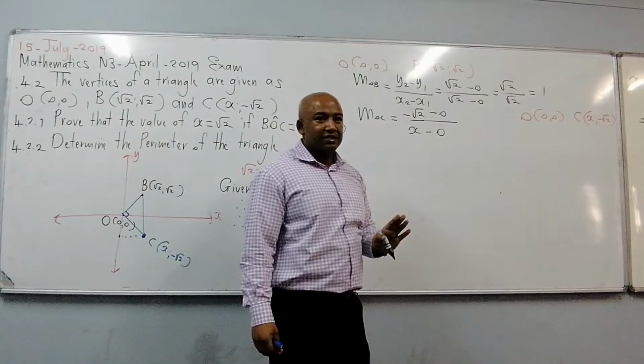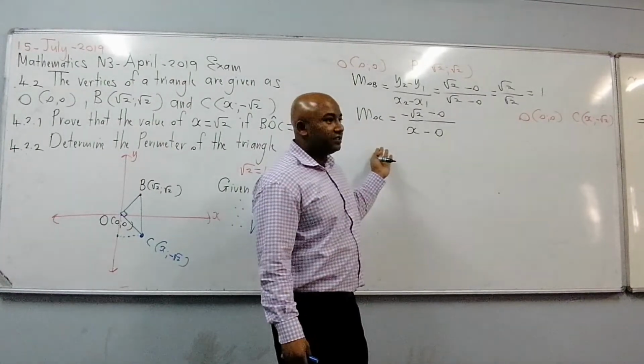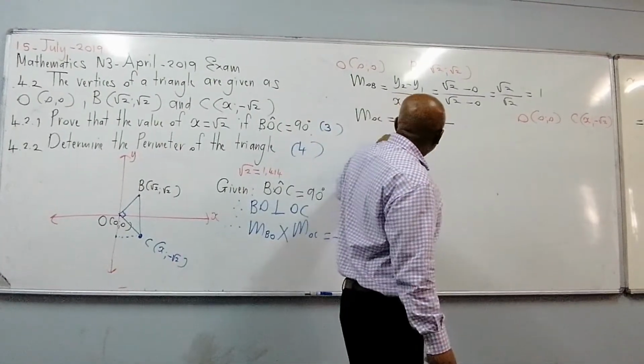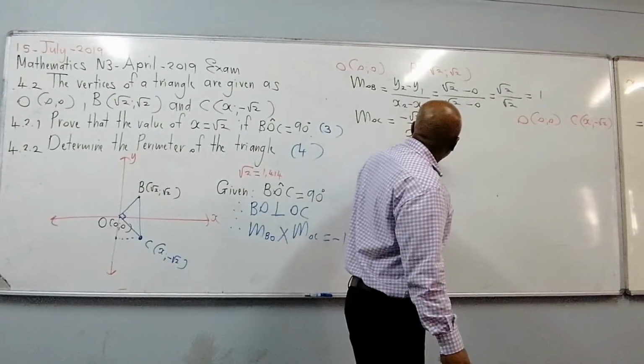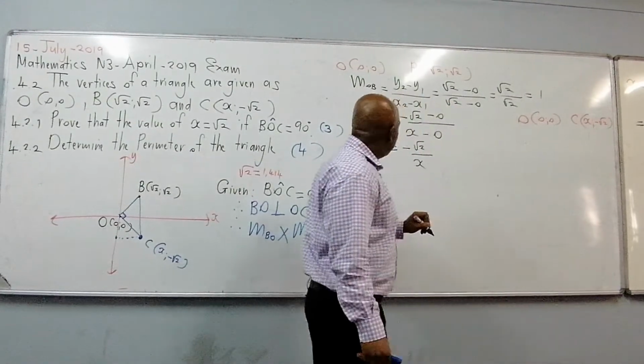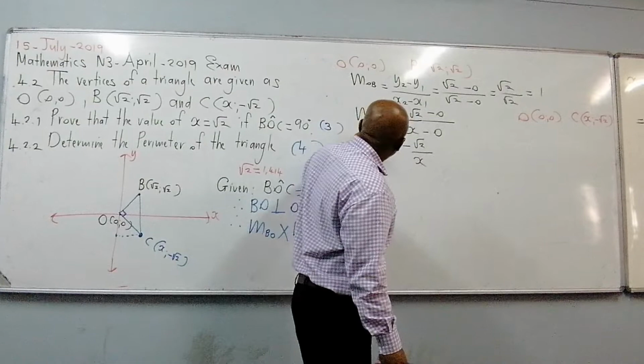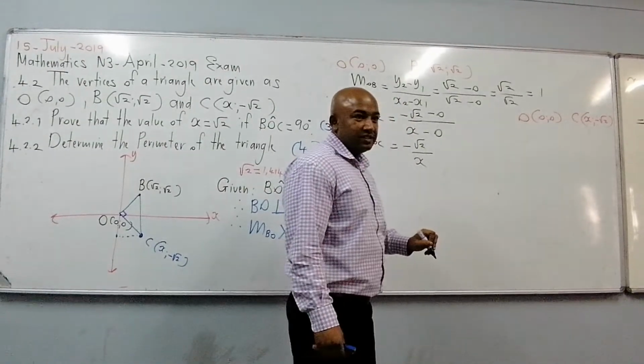You follow what I'm doing? Just working on the gradient. Right, so now we have minus √2 over x is equal to the gradient of OC.